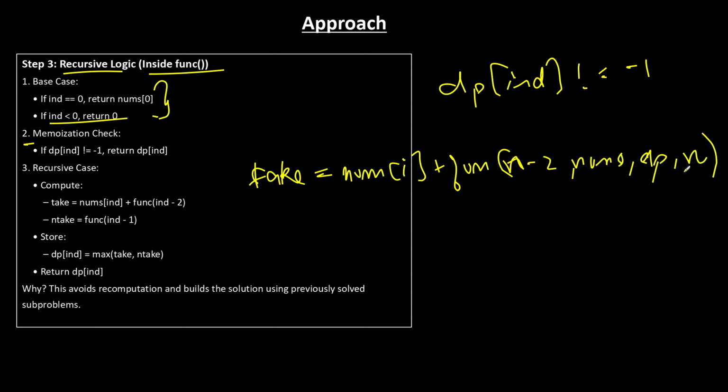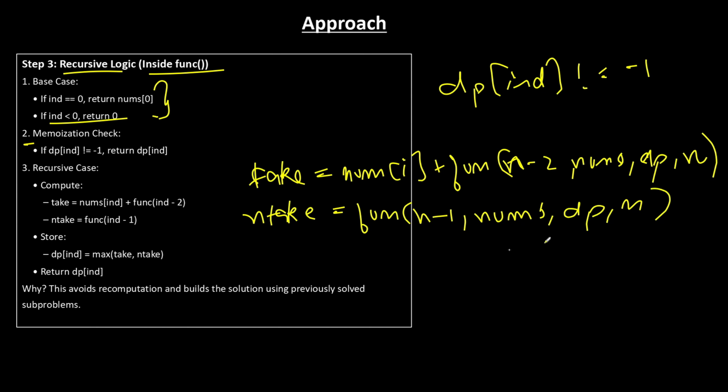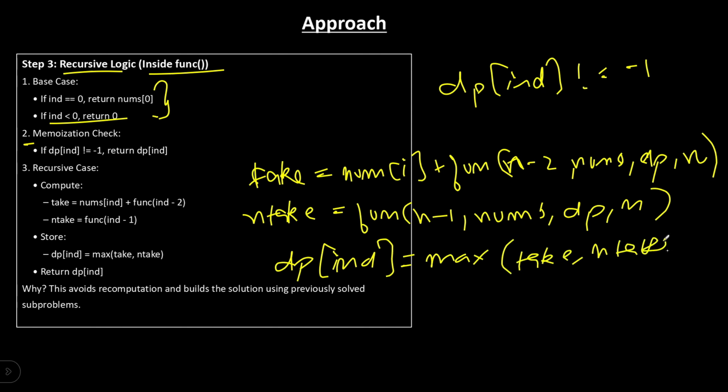And if you try to get the not take case, it will be fun of n minus 1, nums, dp, and n. Then we will do dp of index equals max of take and not take, and at the end we'll just return dp of n.